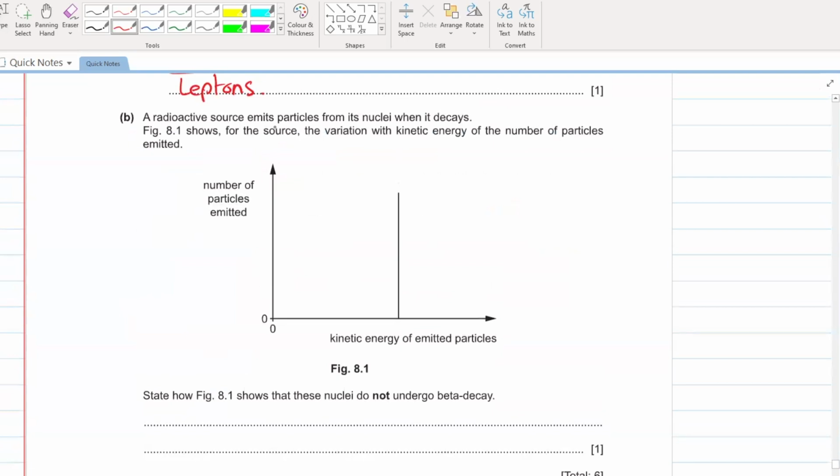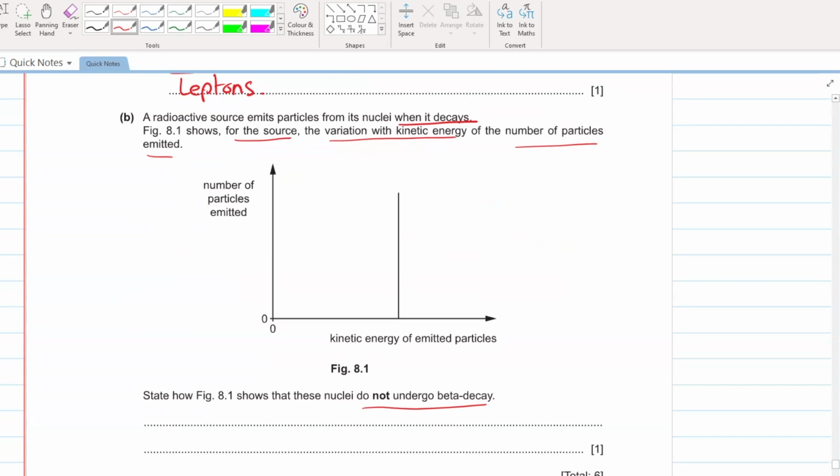A radioactive source emits particles from its nuclei when it decays. Perfect. Figure 8.1 shows for the source the variation of the number of particles emitted with kinetic energy. State how figure 8.1 shows that these nuclei do not undergo beta decay. Why is it not undergoing beta decay? Because beta particles have a continuous range of kinetic energies. Here we have a single kinetic energy.